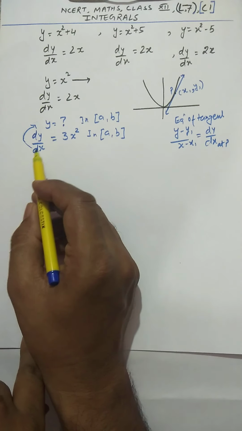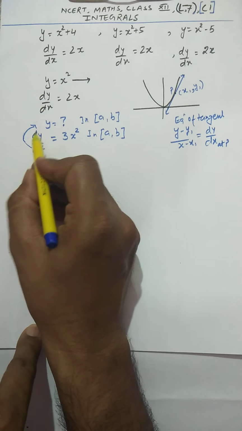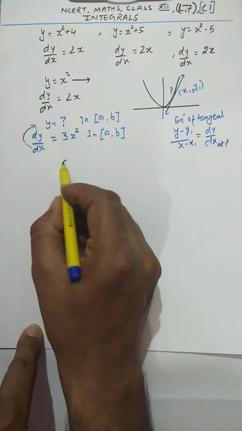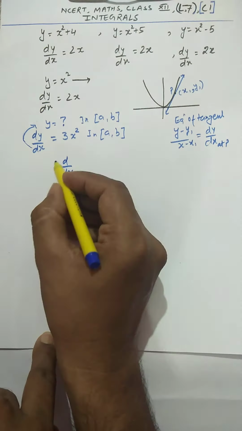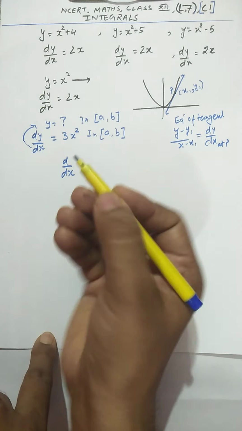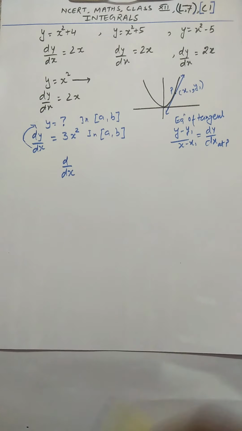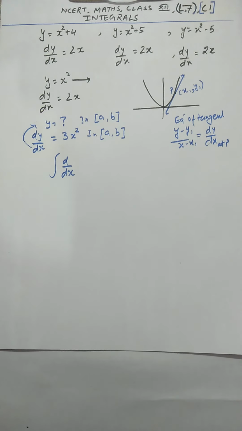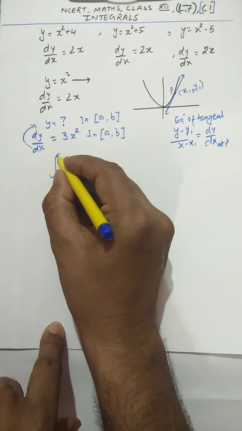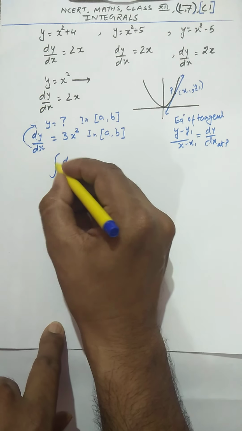And if I have to find y, it means there is something which can remove this dy by dx. And how to remove this, there is a process that is called integration, and this sign is the operator.